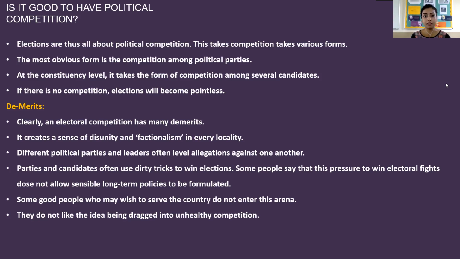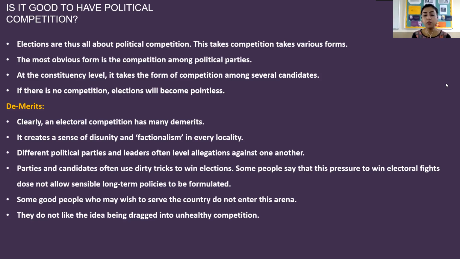Now, what are the demerits? Such competition has certain demerits. First of all, it creates disunity and factionalism in every locality. Disunity means that when there are political parties, some people will support one party, some will support another, so disunity is created among the people.